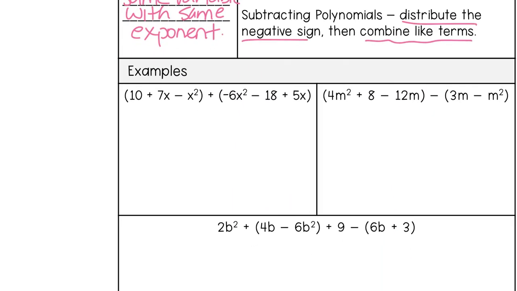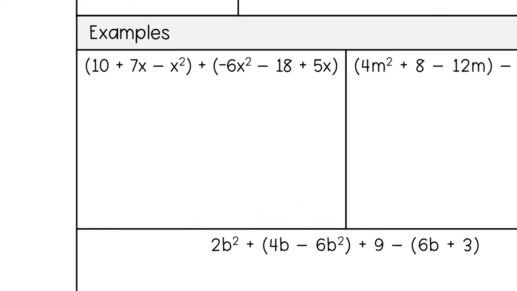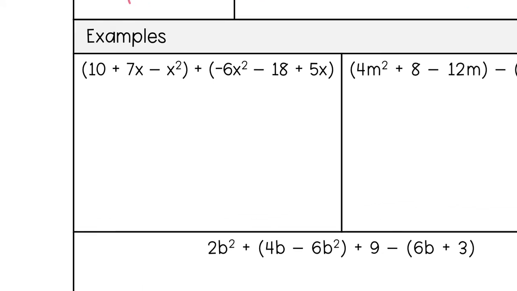So this first one, 10 plus 7x minus x squared plus negative 6x squared minus 18 plus 5x. So we are adding, see that plus sign in the middle? So all we need to do is combine like terms. So I'm going to start with anything that has to the second power. So I have negative x to the second, and then I have negative 6x to the second.